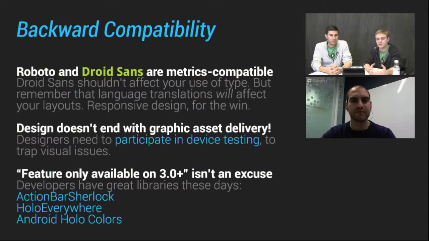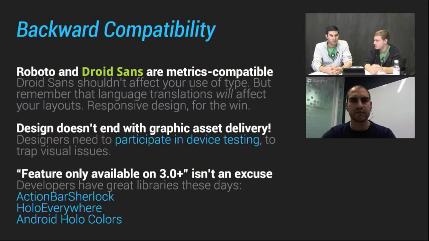The good thing is that for designers, when you're planning out the widths of your elements and things, you have to think obviously how many characters will fit in this line or in this UI widget. And the good thing is that Roboto and Droid Sans are metrics compatible, meaning that if you take the same piece of text in Roboto and Droid Sans on an Android 2.3 device and Android 4.0 device, you'll notice that they're pretty much the same width.